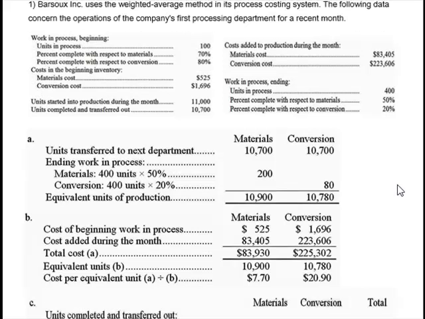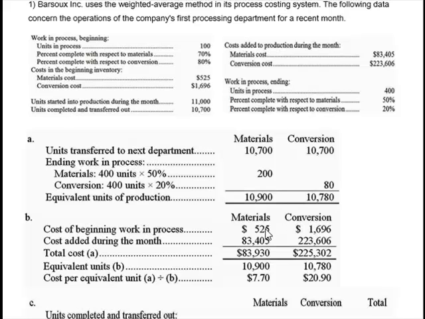Now the next step is to figure out our costs per equivalent unit. And to do that, we're going to first grab the costs in beginning work in process. And we're told the costs in beginning work in process up here, costs in the beginning inventory, and they're referring to the beginning work in process inventory. So there were $525 in materials costs and $16.96 in conversion cost.